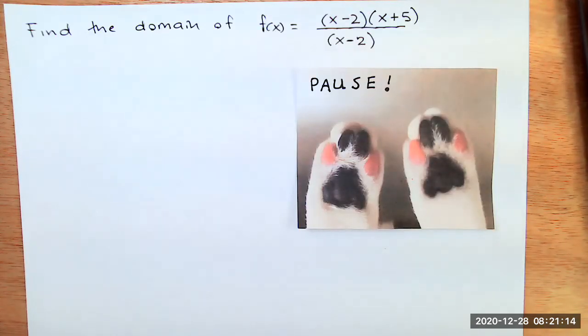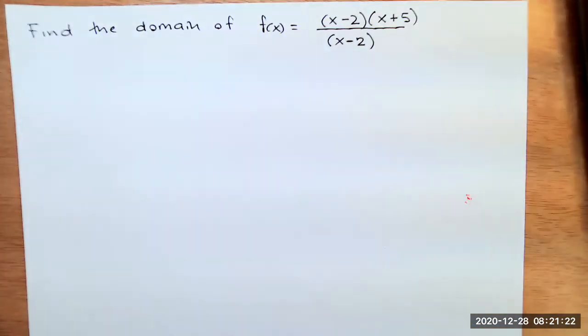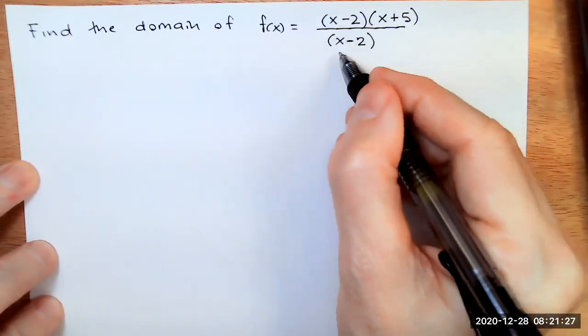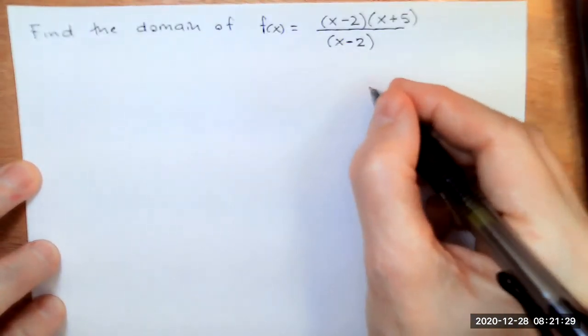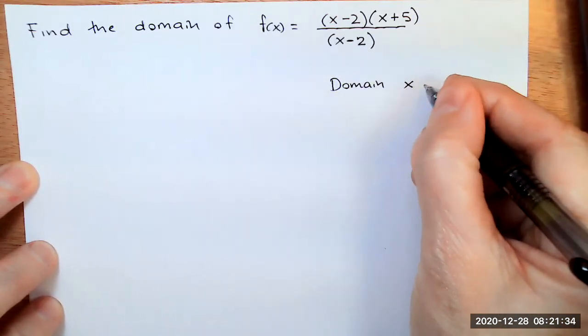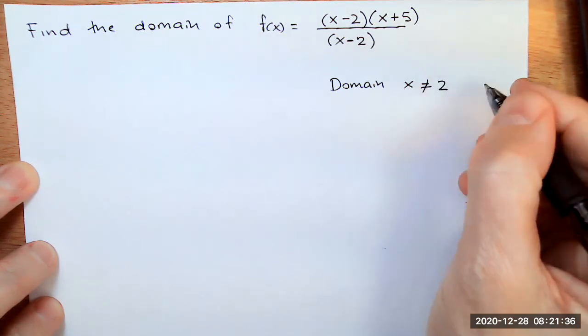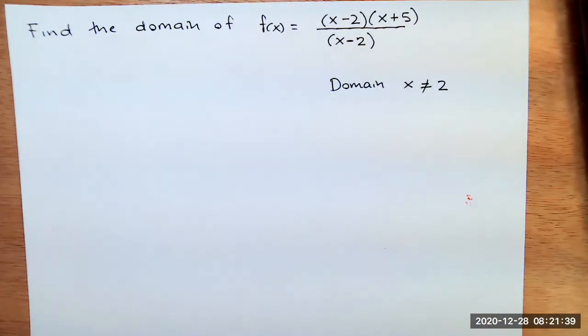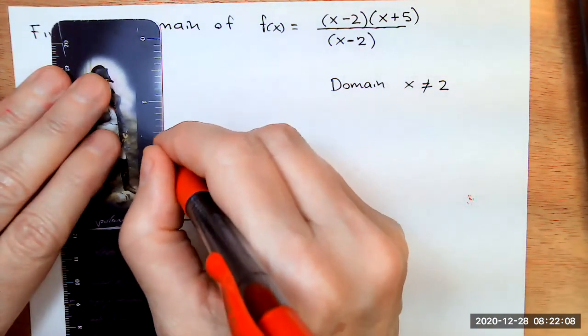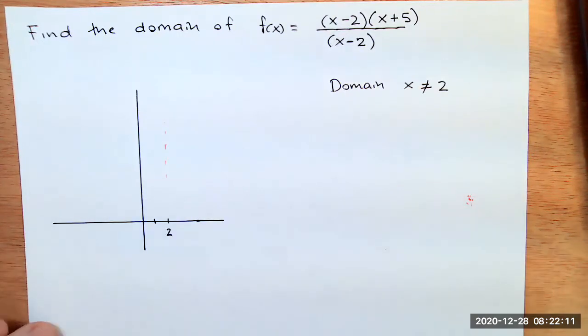All right, can you find the domain of this function? All right, so remember you have to find the domain before you simplify. So the denominator cannot be equal to 0. So the domain is x not equal to 2. So x equal to 2 is not in the graph of the function.